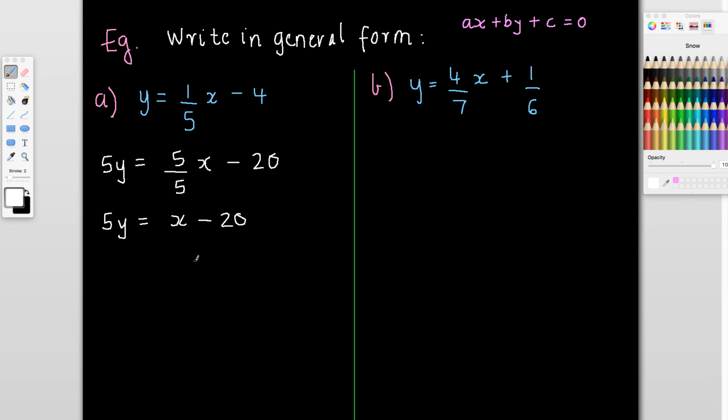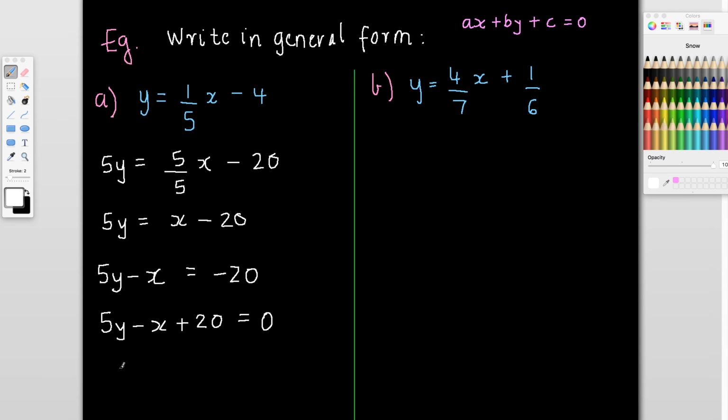The next thing I'm going to do is I want this equation to equal 0. So first, see how I've got positive x on this side. I'm going to subtract x from both sides. And I'm going to add 20 to both sides. And you'll see I've got that equal now to 0.